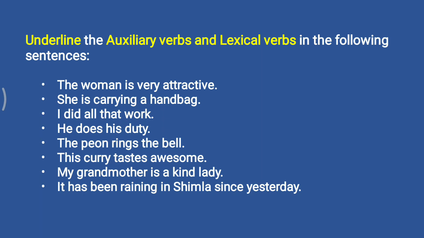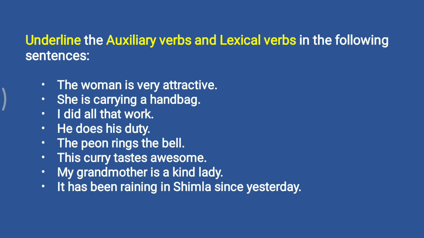I did all that work. Here you have to underline did and this is the lexical verb. He does his duty. Here you have to underline does and it is the lexical verb. The peon rings the bell. Here rings is the lexical verb. This curry tastes awesome.